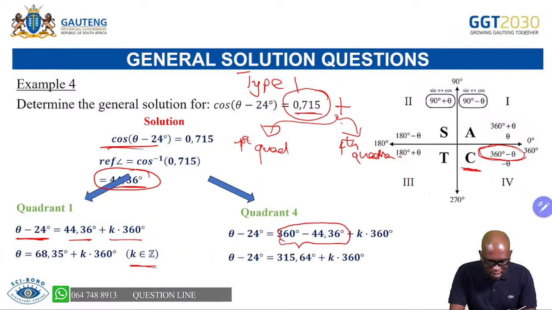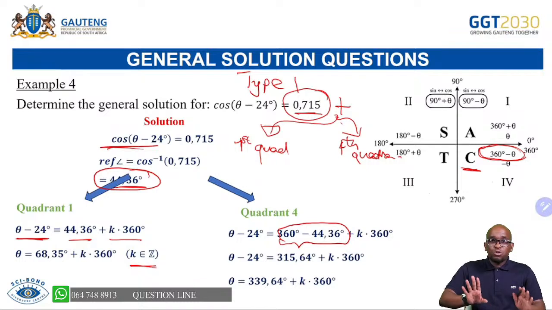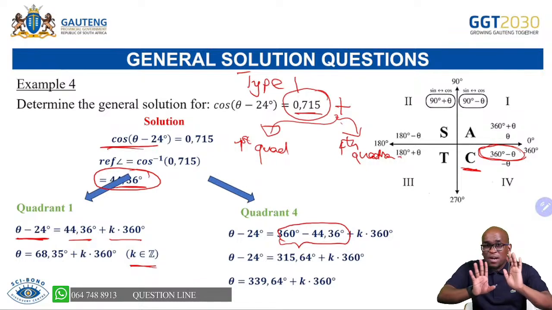When we simplify that, we get 315.64 plus K360, and then when we transpose the 24, we get 339.64 plus K360.